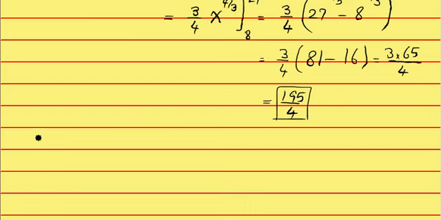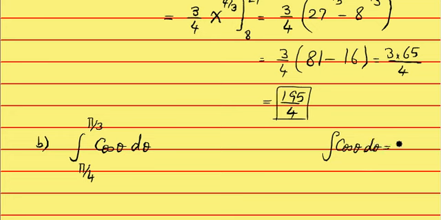Next problem in this category, problem B, was the integral of cosine theta d theta from pi/4 to pi/3. You remember the antiderivative of cosine is just sine. So this is really sine of theta, in which you have to plug in pi/4 and pi/3 and subtract.